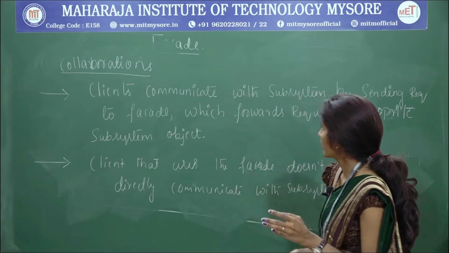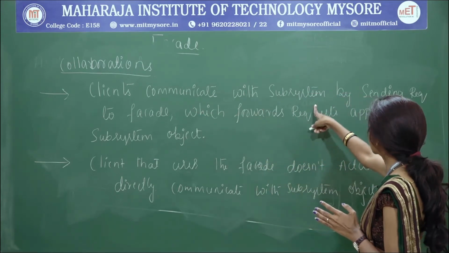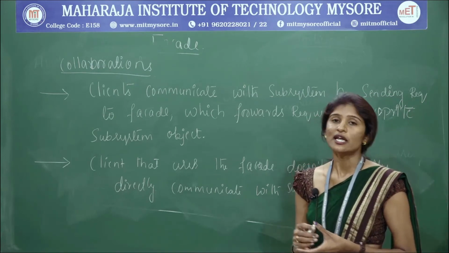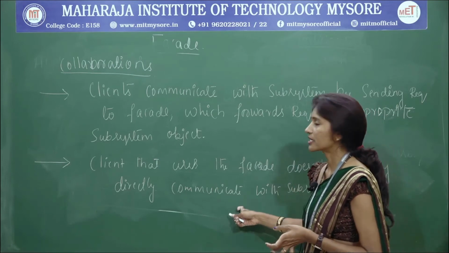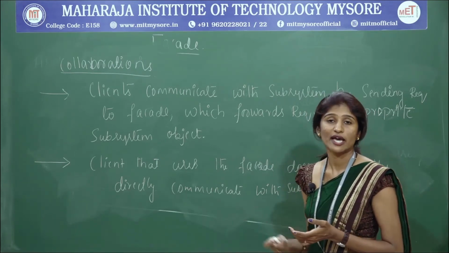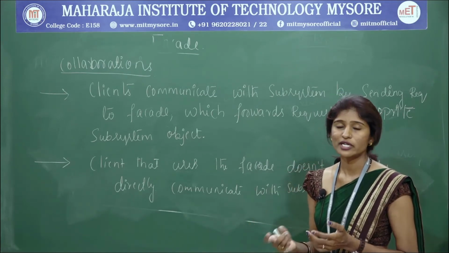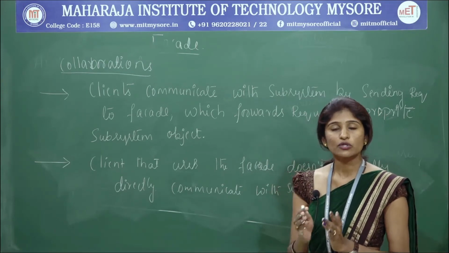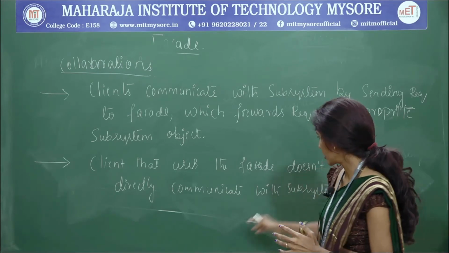The clients communicate with the subsystem by sending requests to the facade. The clients cannot directly communicate with the subsystem. I included that in the second point also. The clients don't have direct connections to the subsystem objects. For each and every subsystem an object will be created, and those objects are not directly connected with the clients.